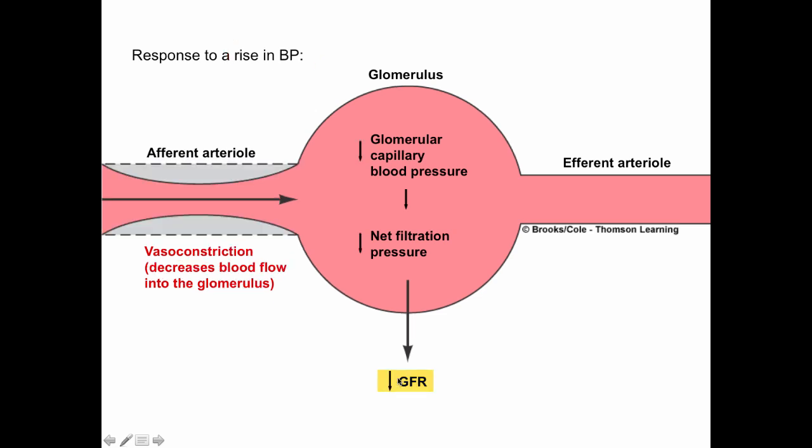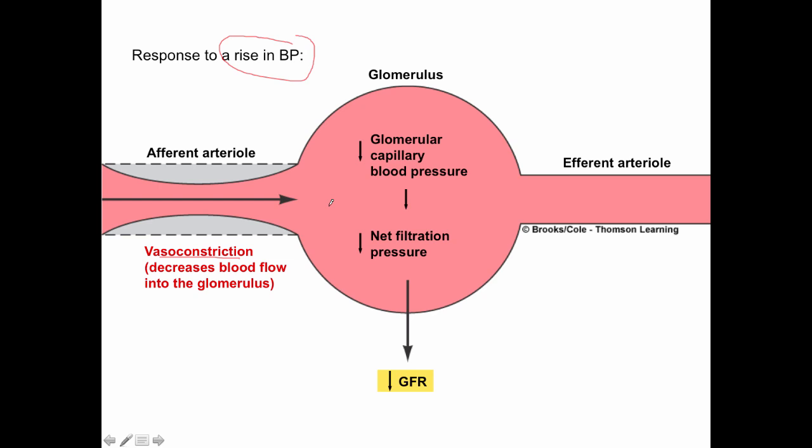And the opposite is going to happen in response to a rise in blood pressure. In response to a rise in blood pressure, the afferent arteriole is going to constrict, so that we are bringing capillary blood pressure back down to normal and GFR back down to normal.